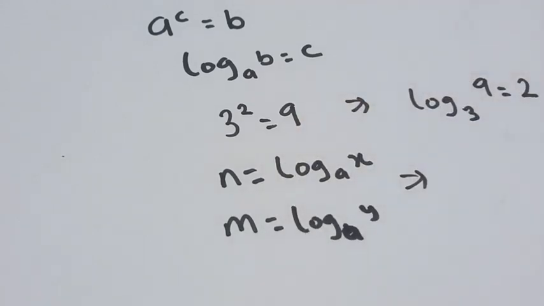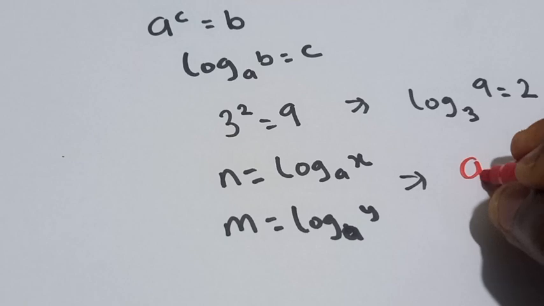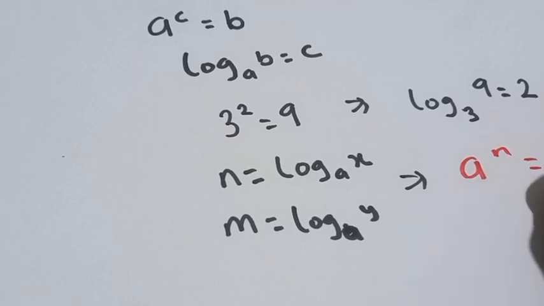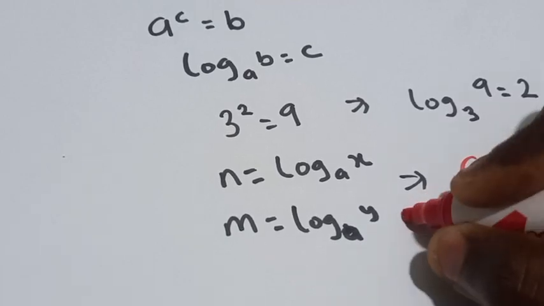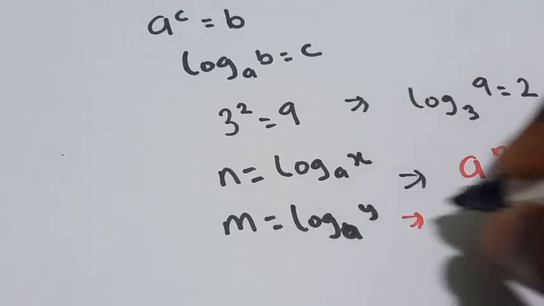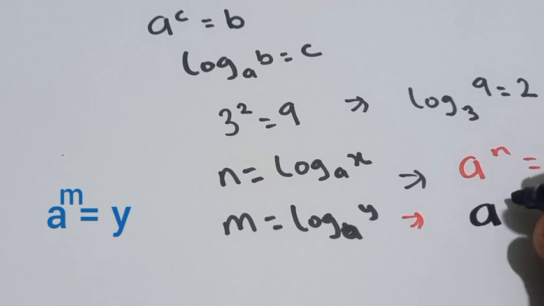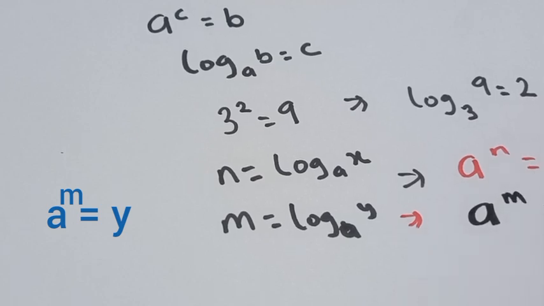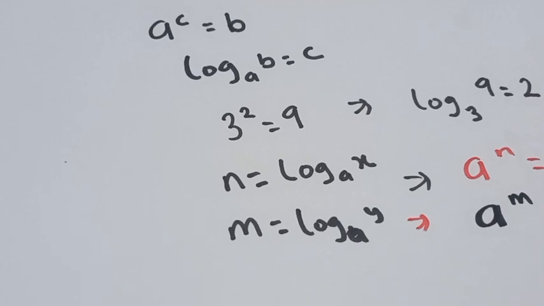So we have a^n equals x. Can you guess for the m, or the second one? The a will raise the m. So a^m equals y.